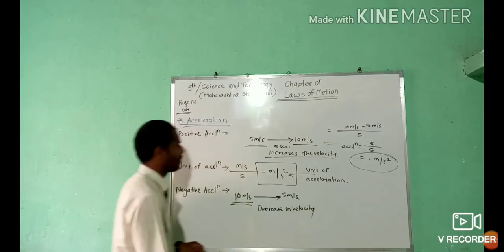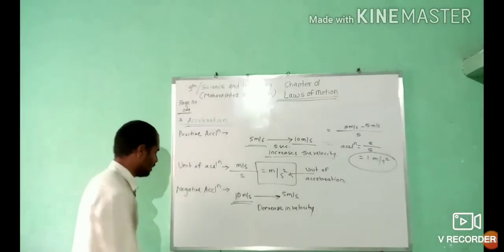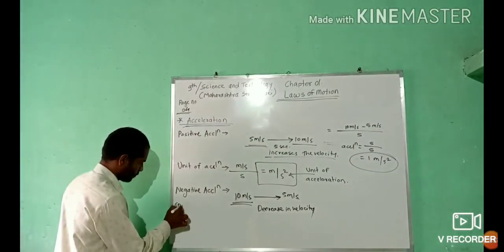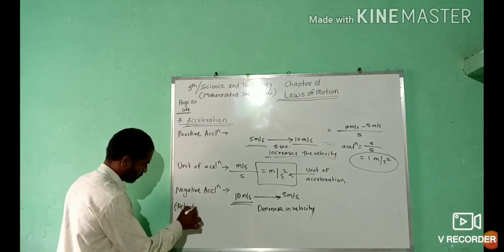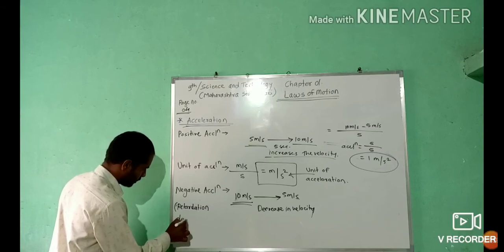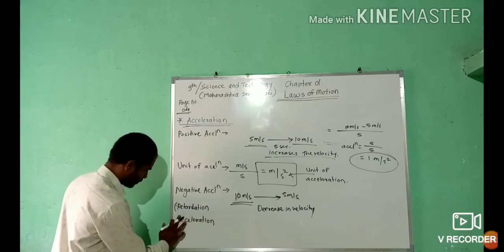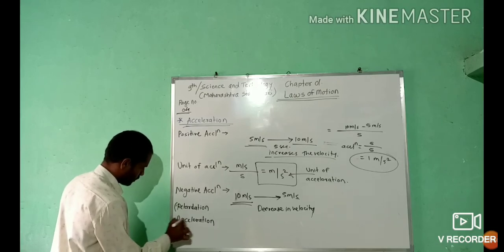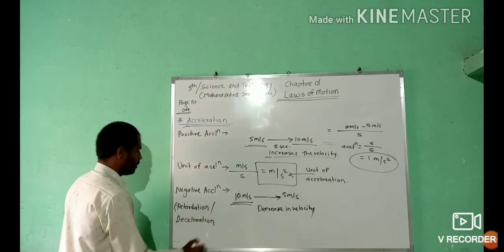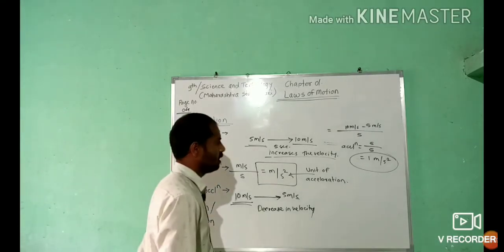Decrease in velocity. Got it? So that is negative acceleration. It is also called retardation or deceleration. Negative acceleration is called retardation, deceleration. You will get a negative value here.